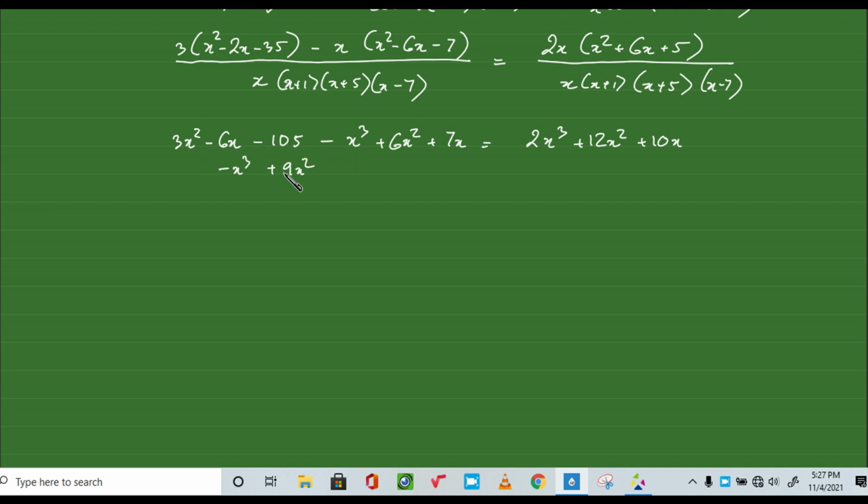Let's check one more time. 9x squared plus x, right? Minus 105. Okay, equal. Over here, there's nothing to combine, so I just rewrite it. That's 12x squared plus 10x. There you go.